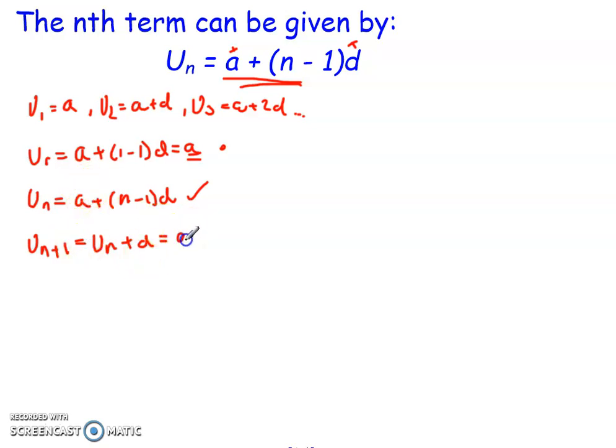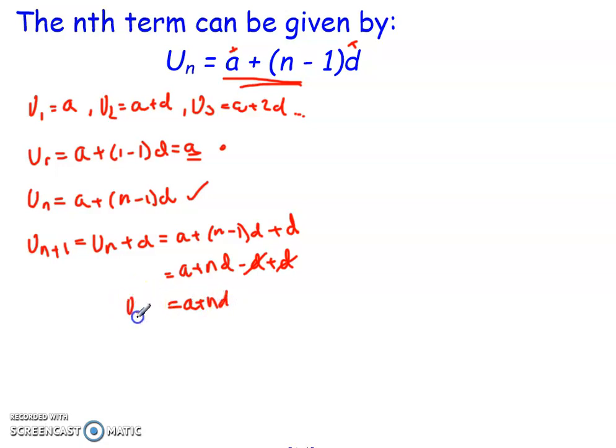Now I know my previous term is given by a plus n minus 1 times d. It's then going to be plus another d here. If I multiply this bracket out here, I've got a plus nd, take away d plus d. This minus d and d cancel, which is a plus nd.